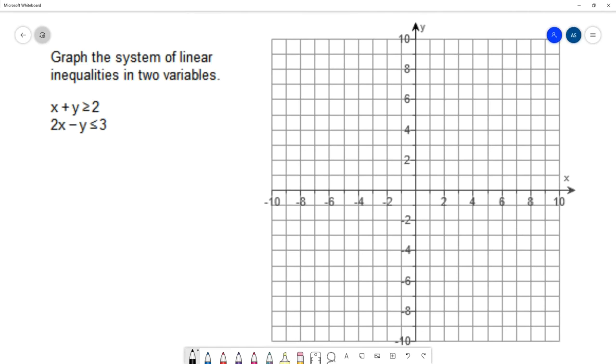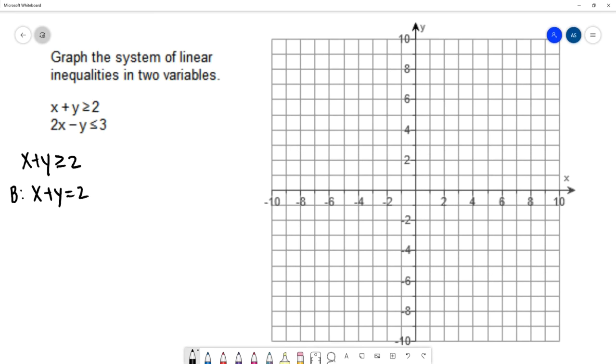So let's start with the first inequality, x plus y is greater than or equal to 2. We're going to start by drawing the boundary. The boundary is going to be x plus y equals 2. So we've just replaced that inequality symbol with an equal symbol.